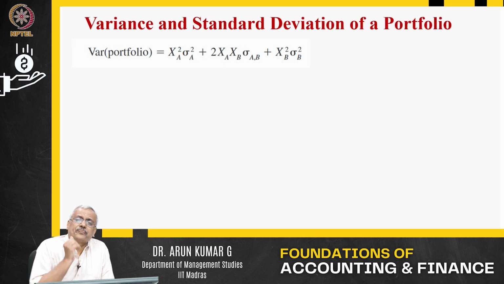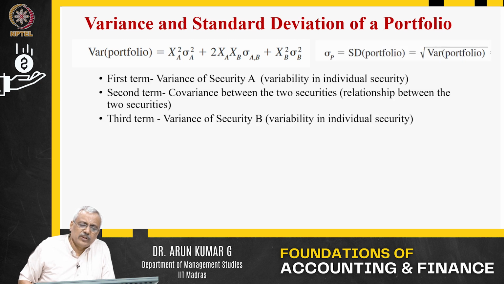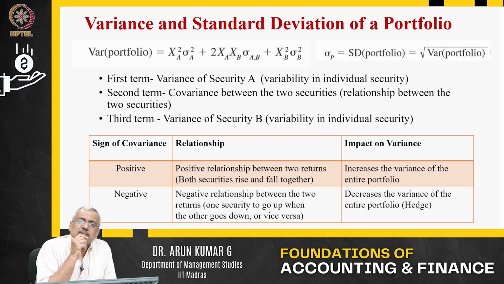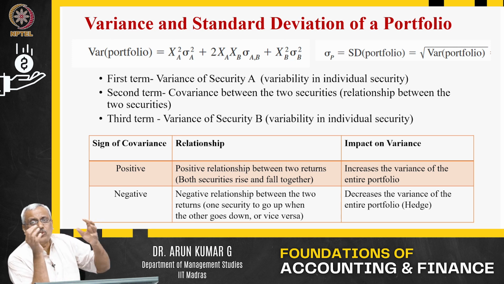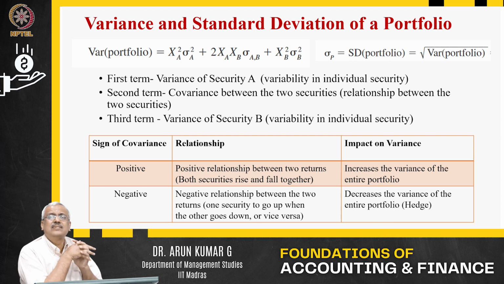Let us move on. Variance and standard deviation of a portfolio. The first term is the variance of security A, that is the variability of the individual security. The second term is 2 x_A x_B and the covariance of A and B, that is how well the two securities are related.